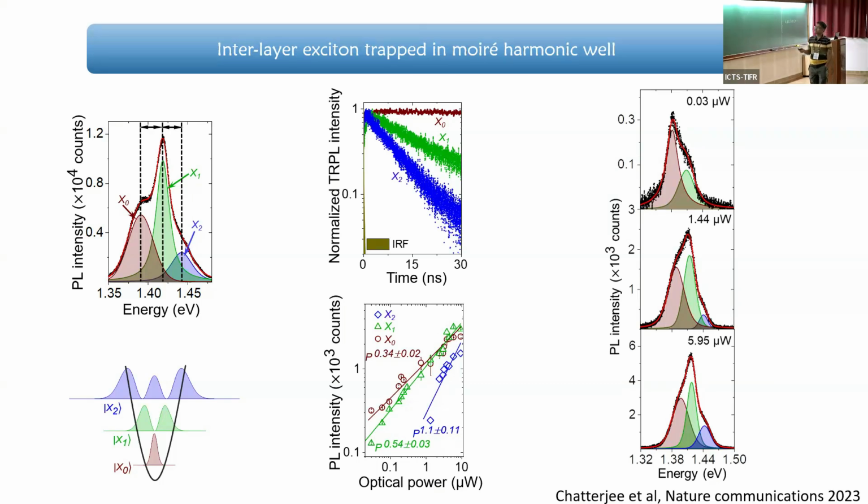However, if you increase the power a little bit more, to about a microwatt or so, this one is there, but the middle one actually increases more than that, and you start seeing the topmost one with a small intensity. At even higher power, this one increases even further. So you see that the spectral feature is going to be significantly dominated by the actual optical power that you are employing in the system.